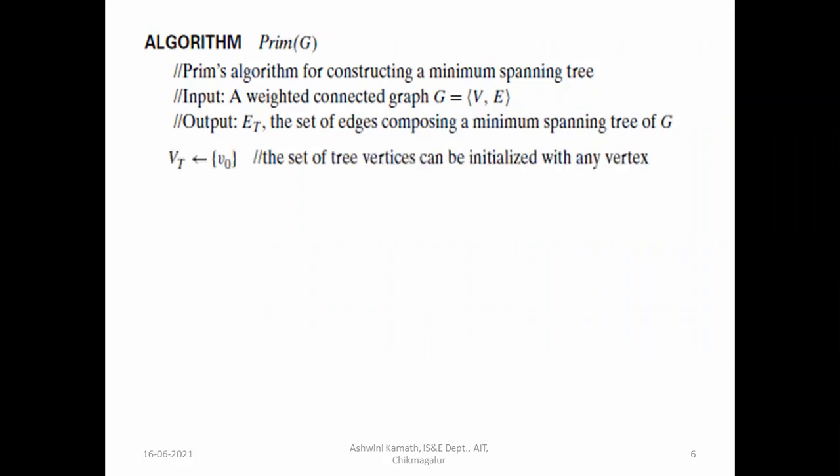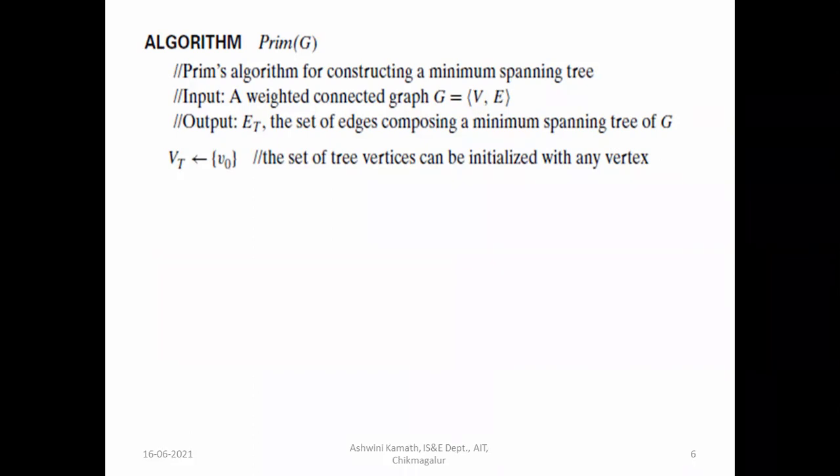So initially VT is the vertices in the tree, the vertices in the spanning tree. It will be considered with the initial value, that is V0. You can consider any one as the source vertex. For the algorithm, usually we consider in alphabetical order, for example, A as the source vertex.